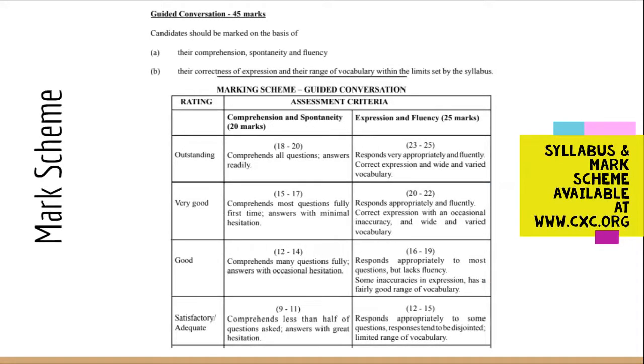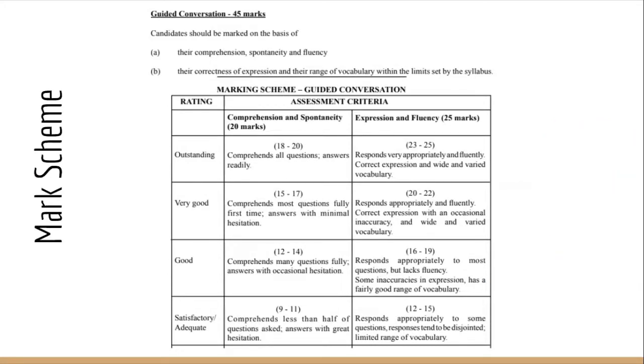So when it comes to the mark scheme now, this is the most valuable part of the exam. This is where the bulk of the marks are. For the guided conversation, it's 45 marks in total, and you're marked on the basis of your comprehension, spontaneity, and fluency.